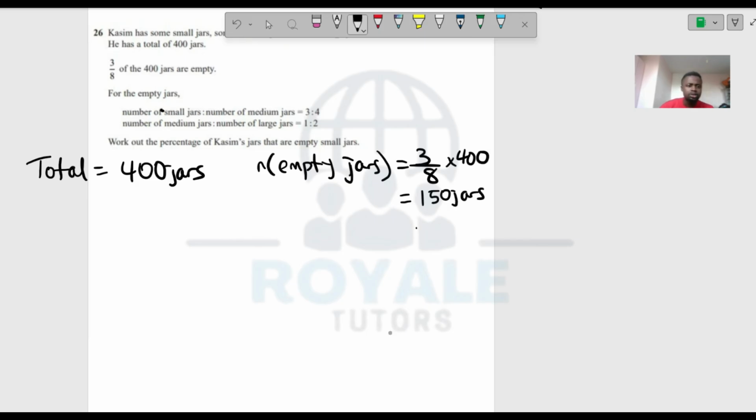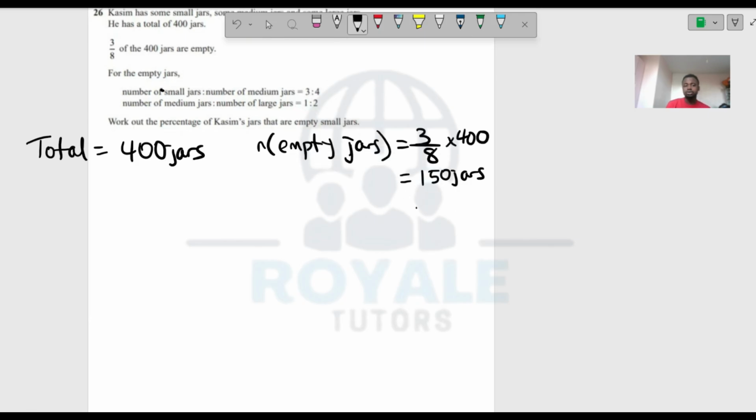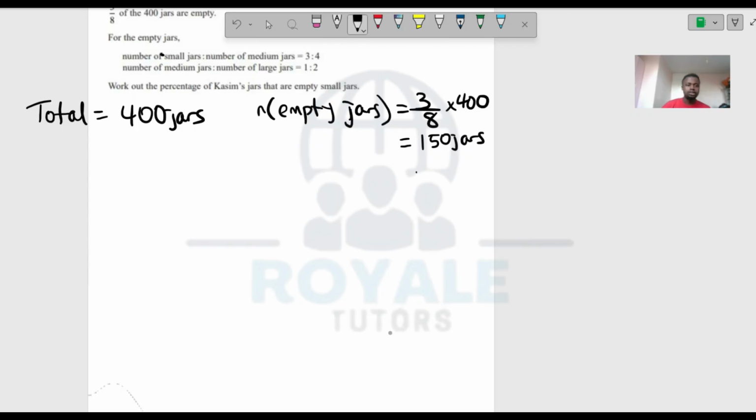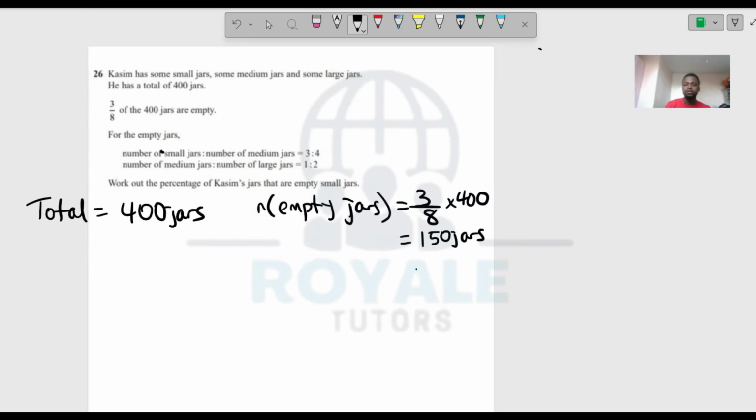Now they gave us the ratio of the number of small jars to the number of medium, the number of medium to the number of large. Then they want us to find the percentage of Kazim's jars that are empty. So we need to write that ratio in a three-figure ratio. Let's start with number of jars. Let's try to represent them.